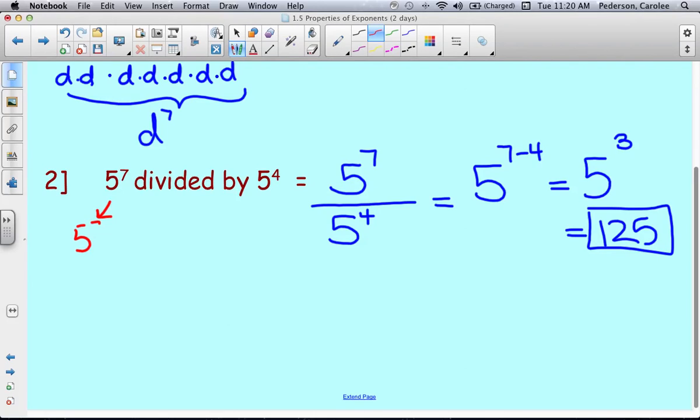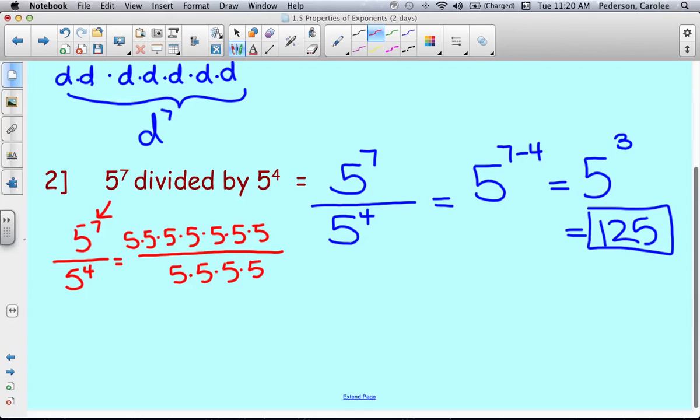5 to the 7th over 5 to the 4th. Earlier this chapter, we focused on canceling fractions. So if I have 5 times 5 times 5, and I have 7 of them, and then in the denominator I have 4 of them, and if I want to cancel, I would cancel this 5 and this 5 together, this 5 and this 5 together, this 5 and this 5, and then that 5 and that 5.